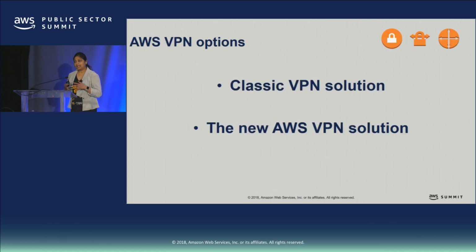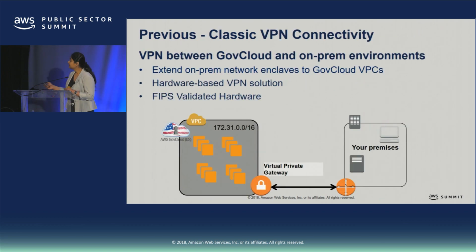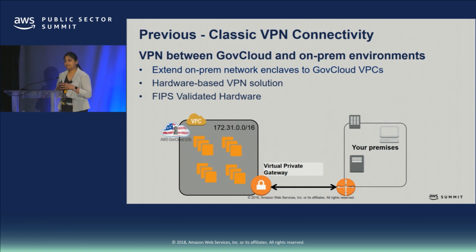So if you currently have an AWS VPN solution set up in your environment, it's either going to be a classic VPN solution or the new AWS VPN solution. Before we get into what's new and what's different with the new AWS VPN solution, let's quickly recap what the classic VPN solution is about. Just like in any other standard AWS regions, you could set up IPsec VPN tunnels between your GovCloud region and your on-premises environment.